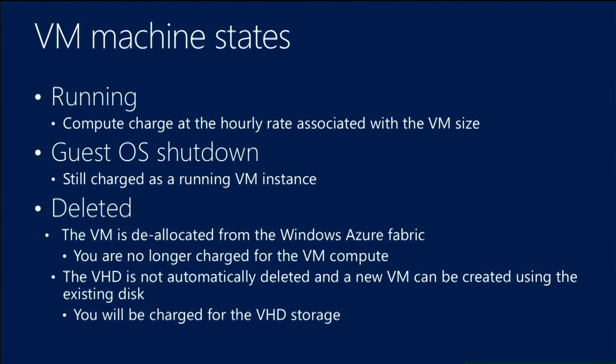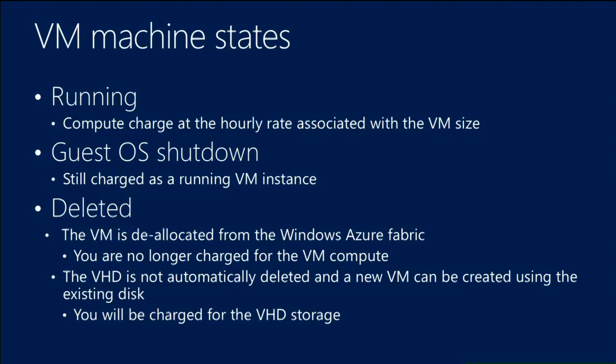Guest OS shutdown. This is where you go into the guest system and shut it down as normal. And you're still charged for the running VM instance. So if you think, oh, I'll save a bit of money, I'll shut down my VMs from the guest, you're not going to save a penny. Then deleted.